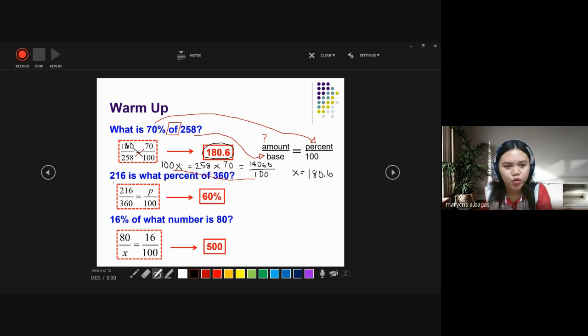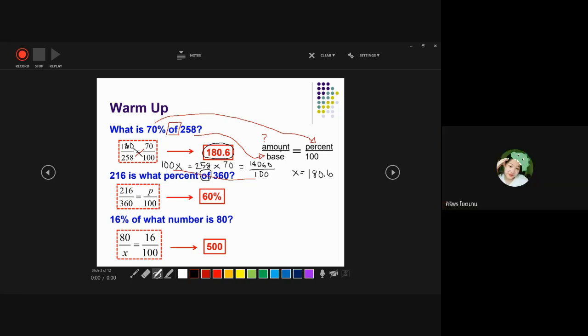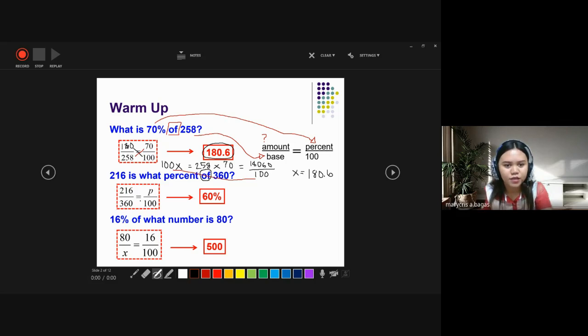Now, 216 is what percent of 360? Remember, we use the word "of". Meaning 360 is our base, so we write 360 as our base.